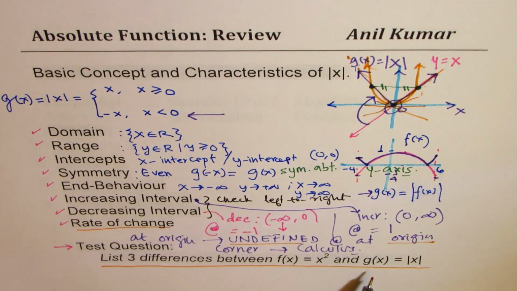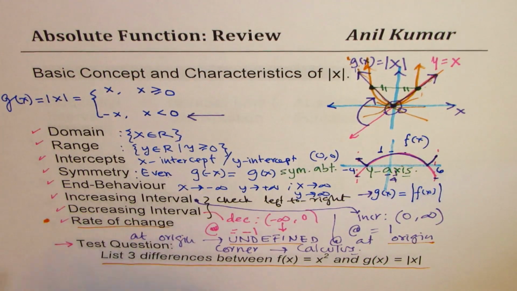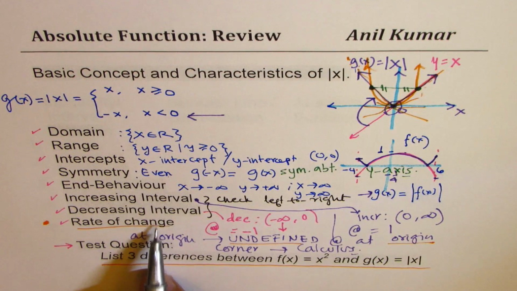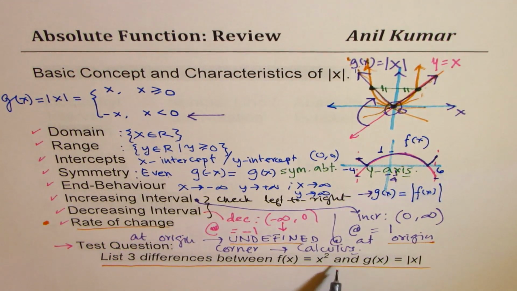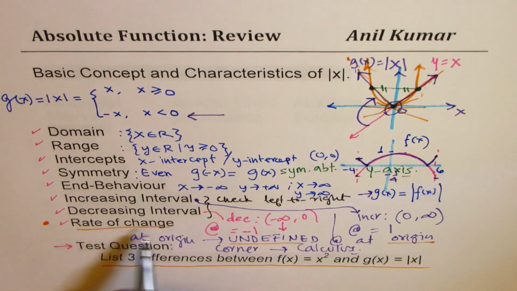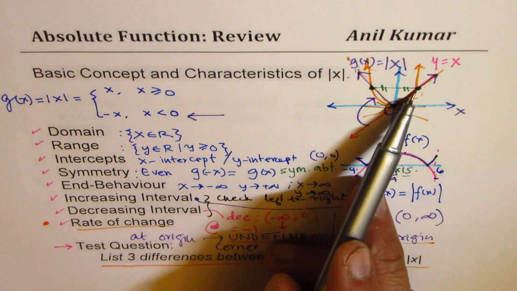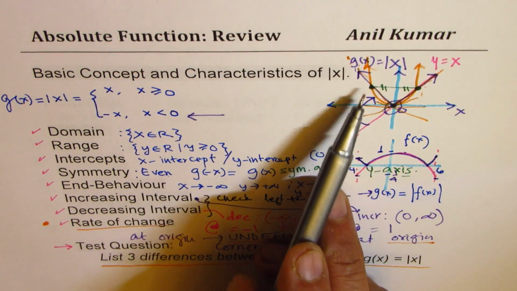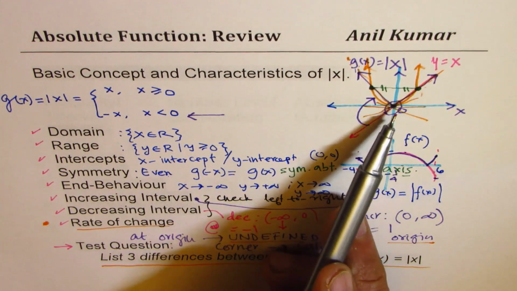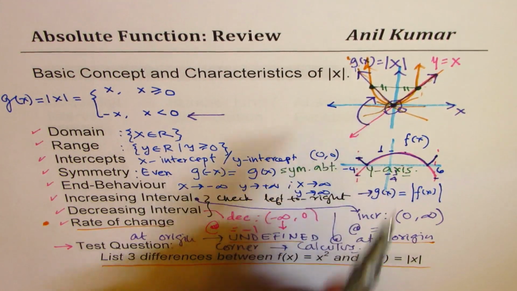So what are the three differences? Well, one of those differences you could list is rate of change. Rate of change is constant on both these sides: constant -1, constant +1, undefined at the origin, correct?